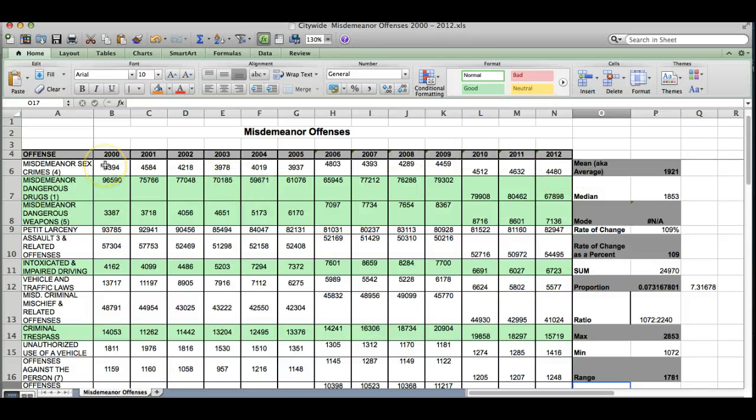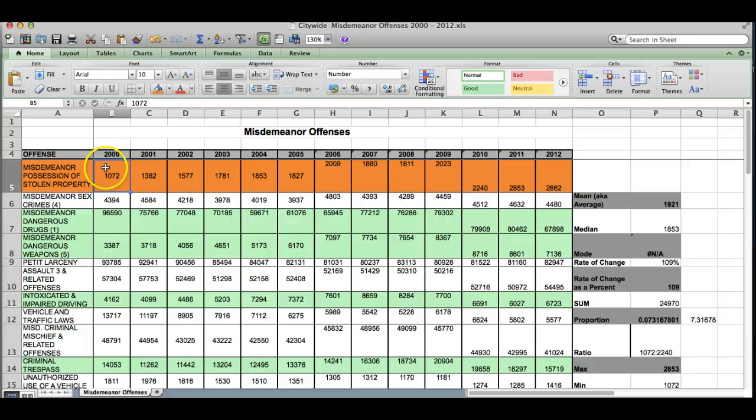One last note. These totals here are also translatable into frequencies and can also be translated into rates automatically. So a frequency is the total number of cases within X. And so we can say the total number of stolen property offenses within 2000 for the week was 1072.